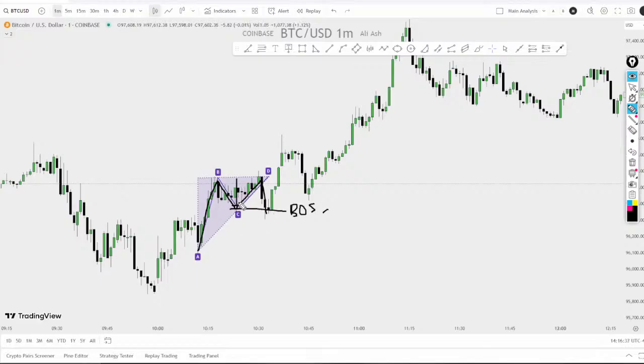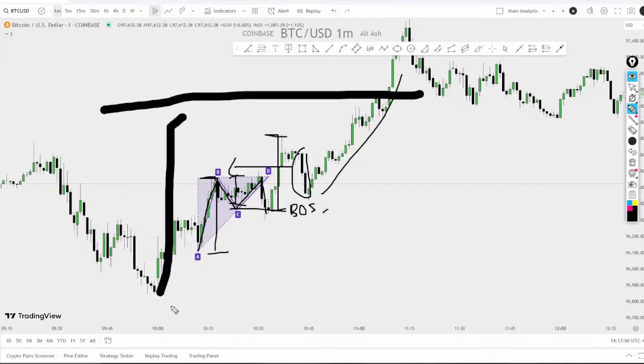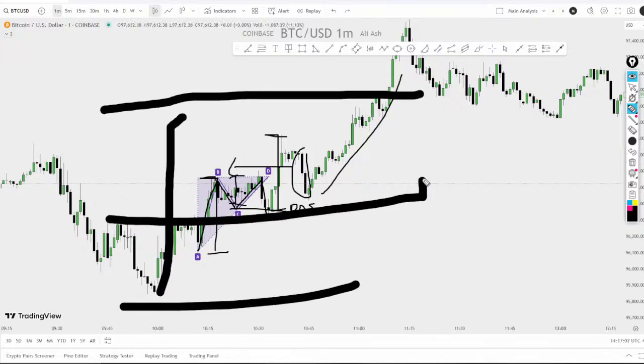By measuring this, you can see the complete structure here. And finally we have a retest from here, and here is the retest and a final breakout. And as you can see, we are on the mid central zone part.